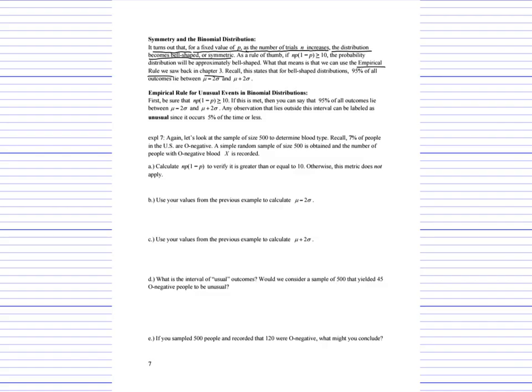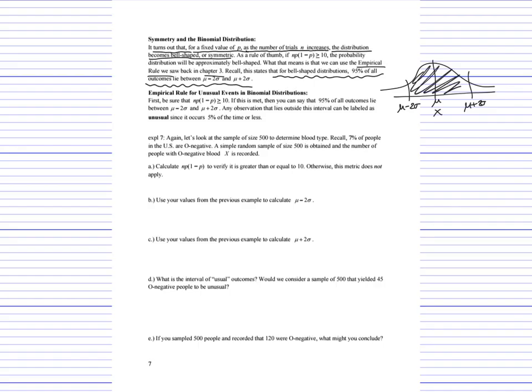Oops, sorry, that was chapter 3. And you'll recall that for bell-shaped distributions, the empirical rule told us 95% of all outcomes lie between mu minus 2 sigma and mu plus 2 sigma. So here's x, and of course mu is in the middle, right? Here's mu minus 2 sigma, here's mu plus 2 sigma.